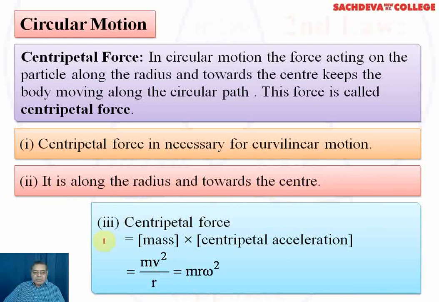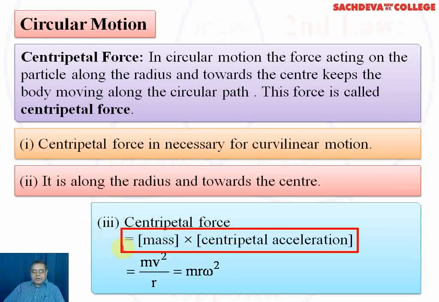Now, in order to find the centripetal force, we can use the linear velocity as well as the angular velocity. The centripetal force will be the product of mass and centripetal acceleration. So, centripetal force is equal to mass into centripetal acceleration.